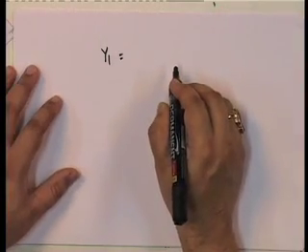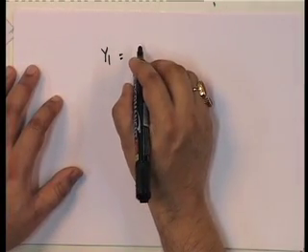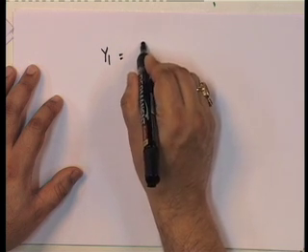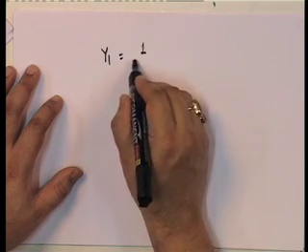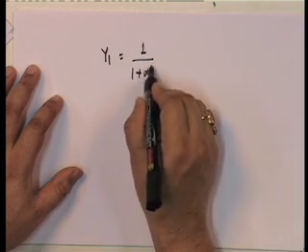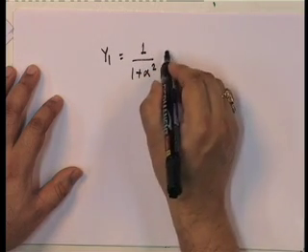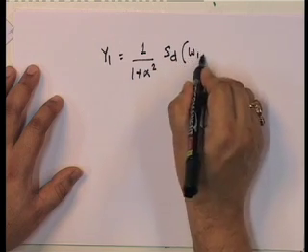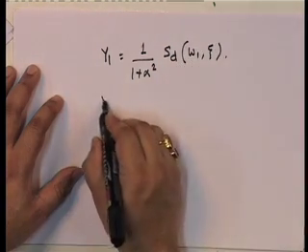So, if we look at this, what does y 1 turn out to be? y 1 is going to be equal to L 1 upon m 1, L 1 upon L 1 into S d omega 1 into xi.